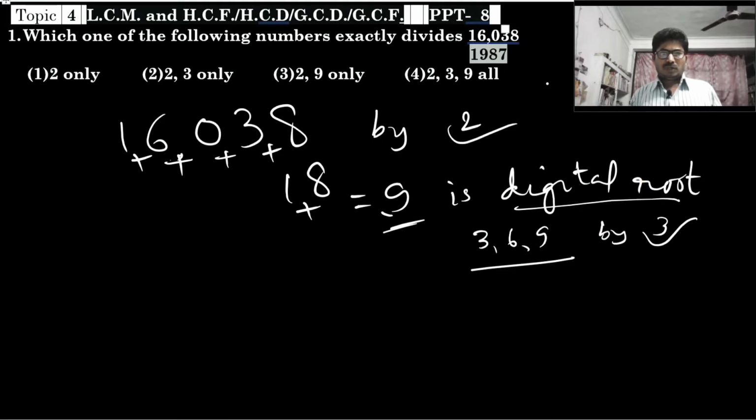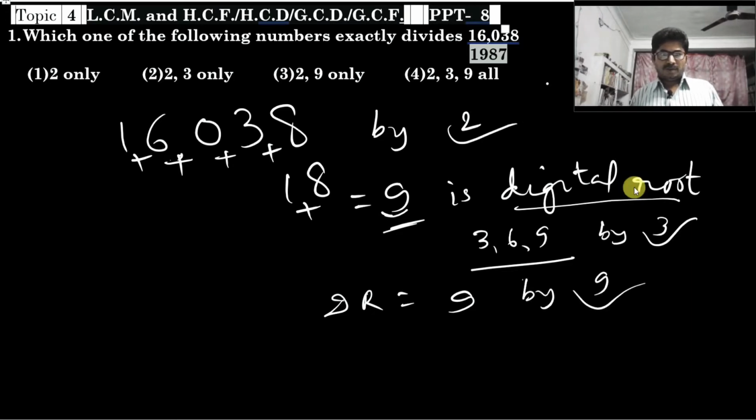So 2, 3 also. Next we can check with 9 also. This is correct, this is also correct. Here we have digital root 9. If the digital root of a number is 9, then the number is exactly divisible by 9.